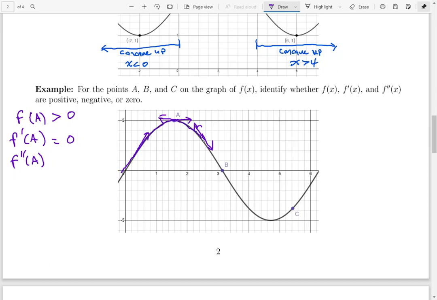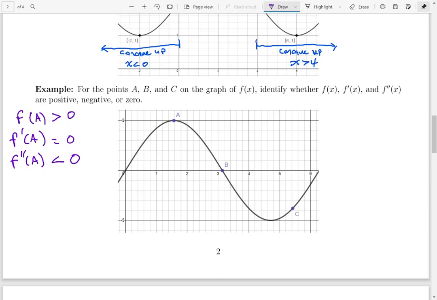Because the slope itself is decreasing as I pass through a, I know that the second derivative will be negative. If nothing else, you can say, oh look, it's cap-shaped, an upside-down bowl, and a is in that upside-down bowl, so it's concave down, which means the second derivative will be negative.